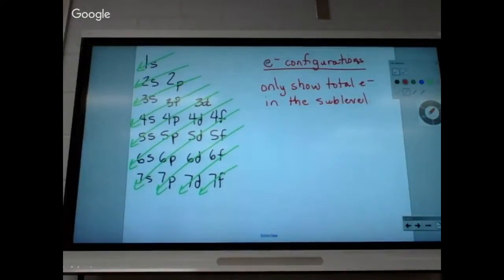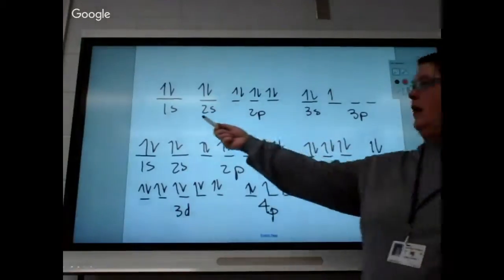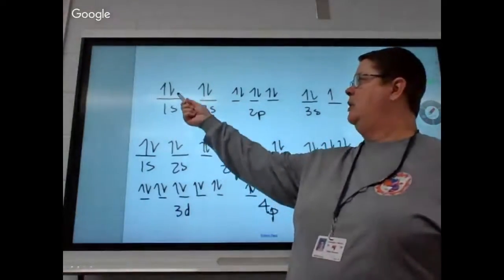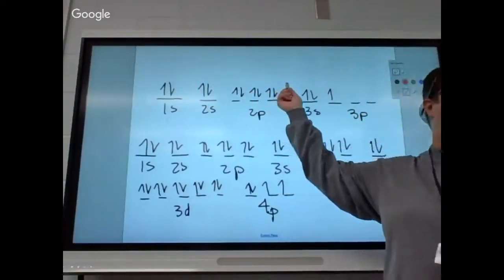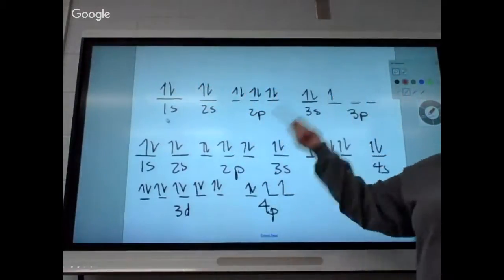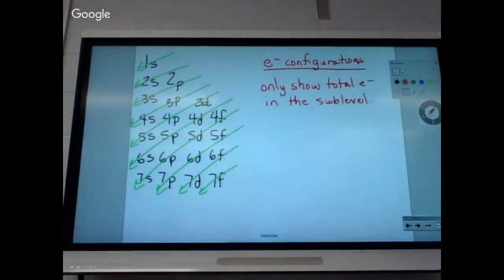Now, how is this different? If you look here, when we looked at this, this showed the energy level, the sublevel, and every individual electron in all the orbitals, right? Every electron, every orbital. This is only going to show the electrons in the sublevel.